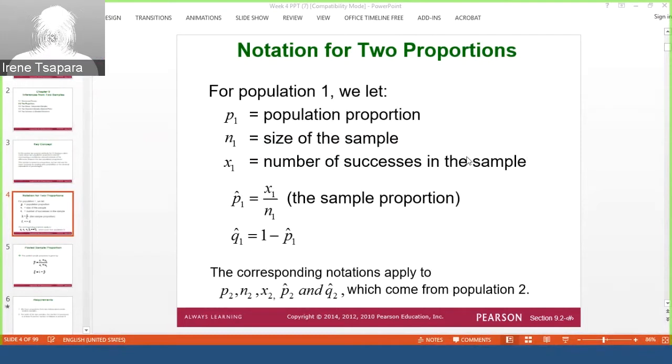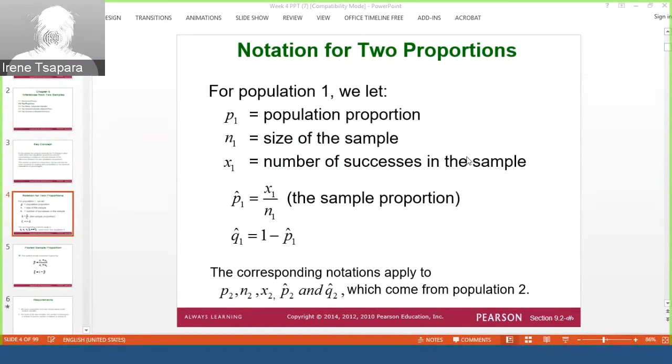That population proportion is something that we don't know, that we want to approximate, but the end result of our method is not going to approximate P1, the population proportion for one of the populations, but to approximate the difference of the population proportions of the two different populations that we compare.